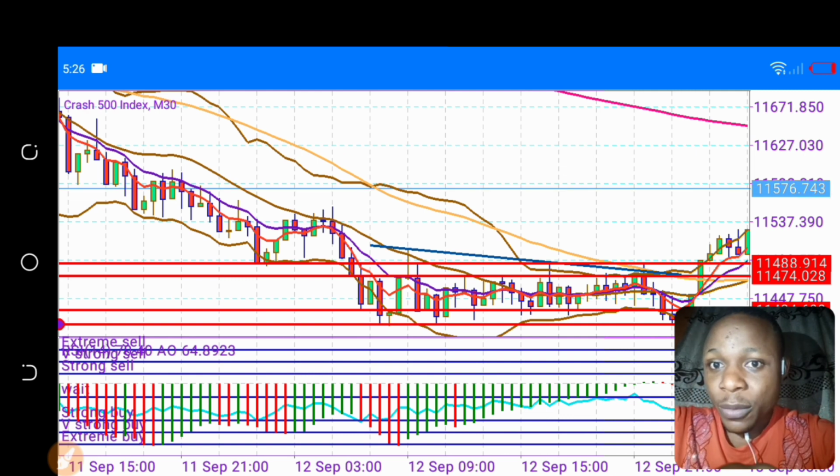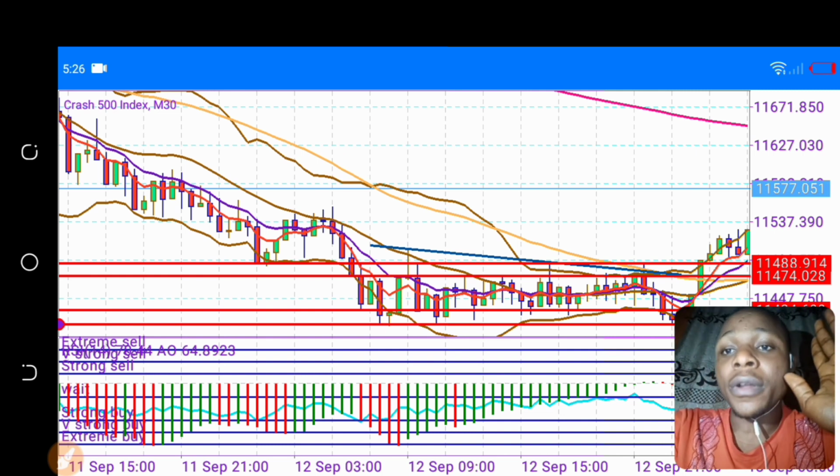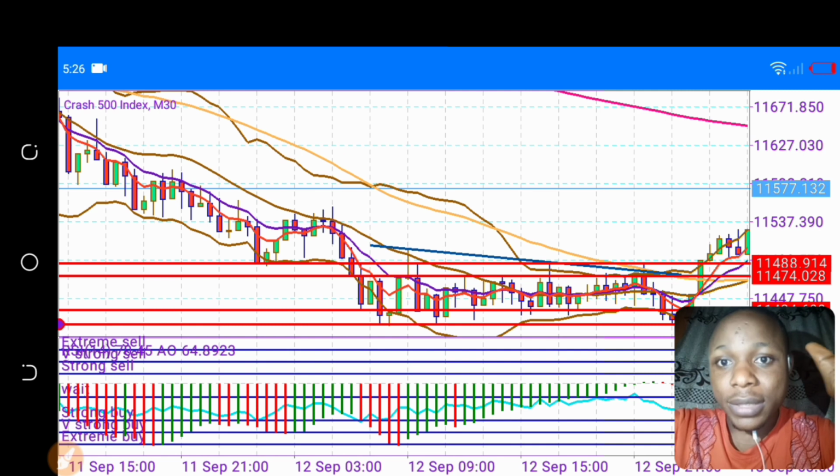On 5 minutes you might not determine where it's going to spike, but using higher time frames, you see that we can easily enter that trade just because of the middle Bollinger Band. No other analysis, just because of the middle Bollinger Band on 30 minutes.